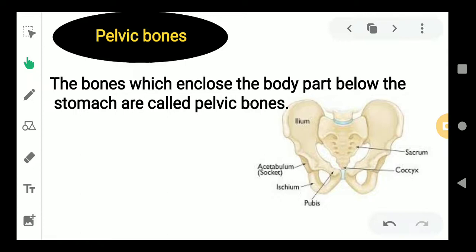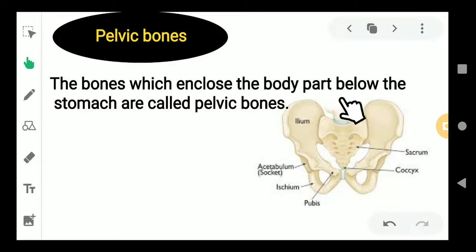Next is pelvic bones. The bones which enclose the body part below the stomach are called pelvic bones. This has a basin shape. Please see this. Here what is connected? Our backbone is connected here.